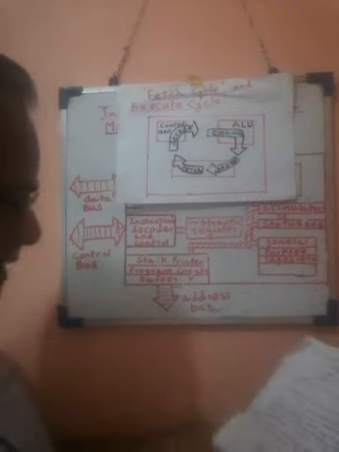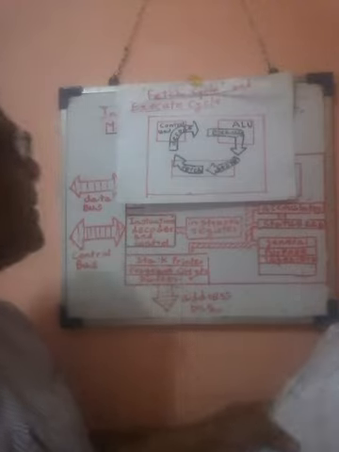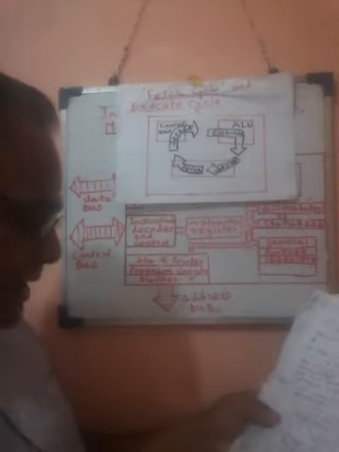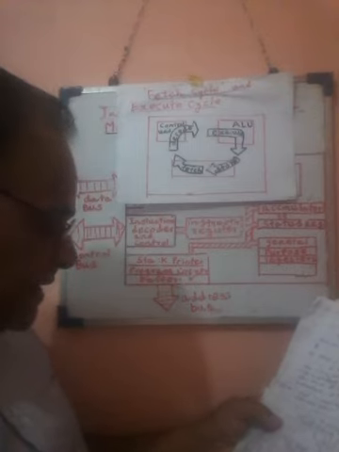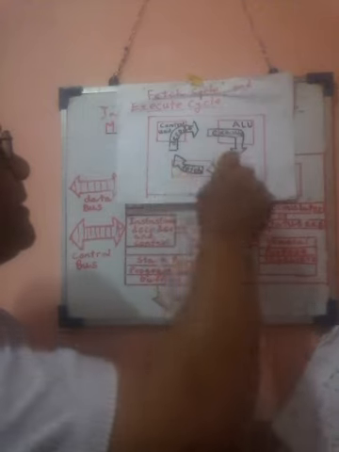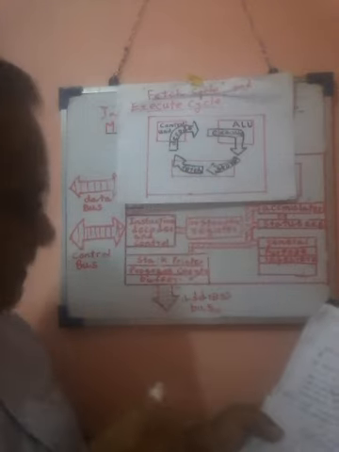What is meant by fetch cycle and execute cycle in this picture? It is the basic operation cycle of a microcomputer. This is the basic cycle of the microcomputer.